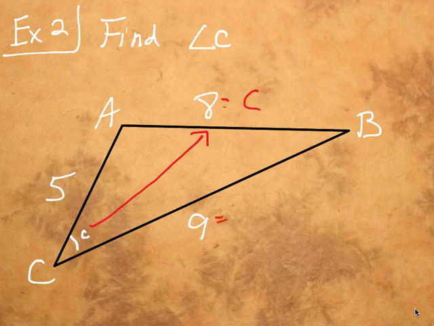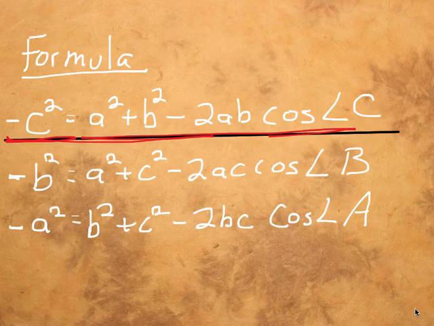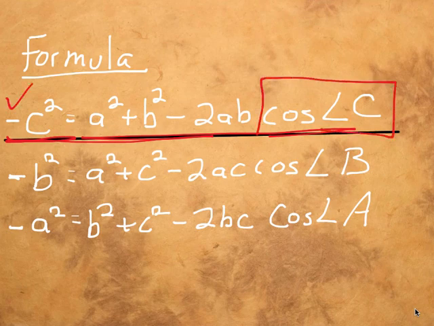That means 9 would be A and 5 would be side B. Now I'm looking for angle C. Hopefully you can tell me, if I'm looking for angle C, I need to use this formula again. Whatever you're looking for, you got to find it in the formula, especially if you're looking for a specific angle. If I was looking for angle B, I better use this one here.